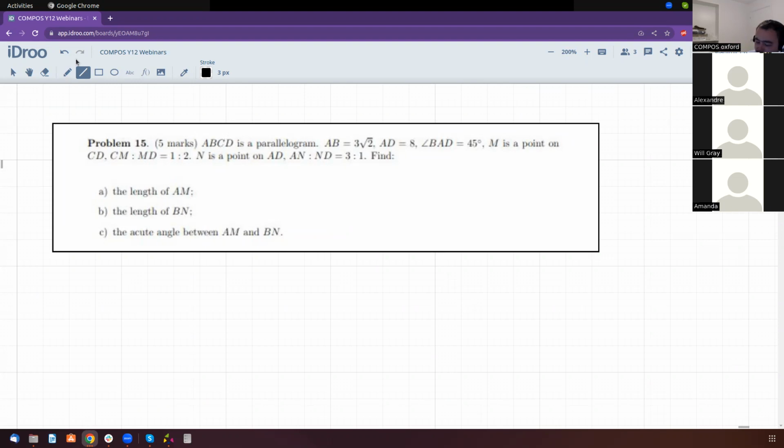So first, we always start with a diagram.